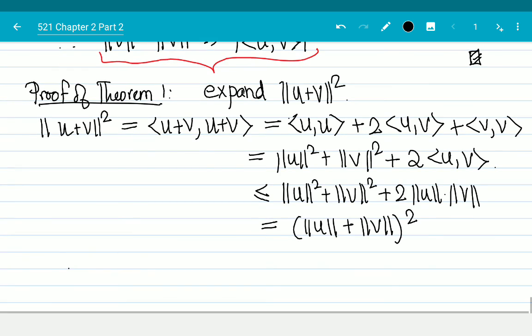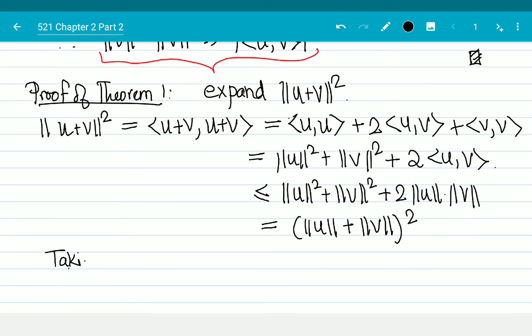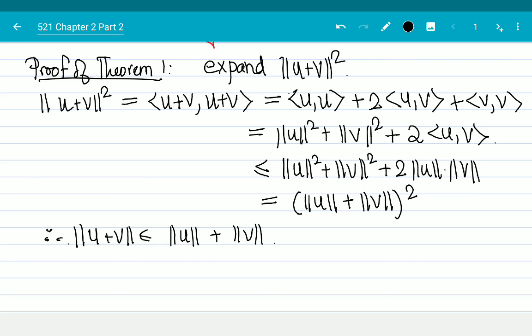Now taking the square root of both sides just gives me, therefore, norm of u plus v smaller than or equal to norm of u plus norm of v. Okay, and that proves the triangle inequality.